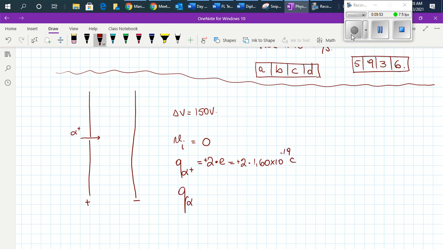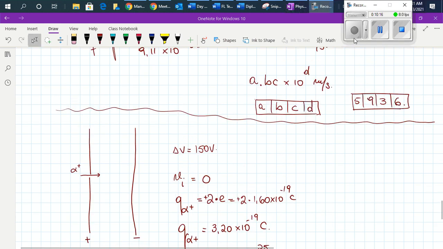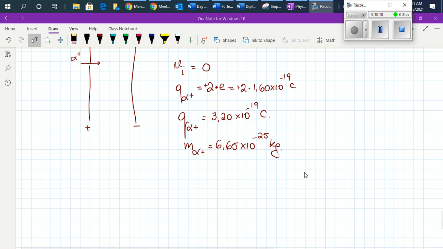So the charge of the alpha particle is 3.20 times 10 to the power of negative 19 coulombs, while the mass of the alpha particle in your formula sheet is 6.65 times 10 to the power of negative 25 kilograms. I think it is 25. Let me double check if maybe it's 27. Yes, it is negative 27.